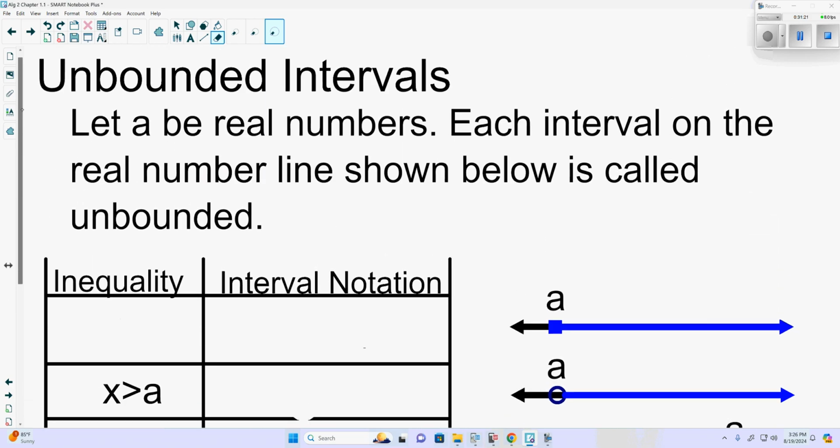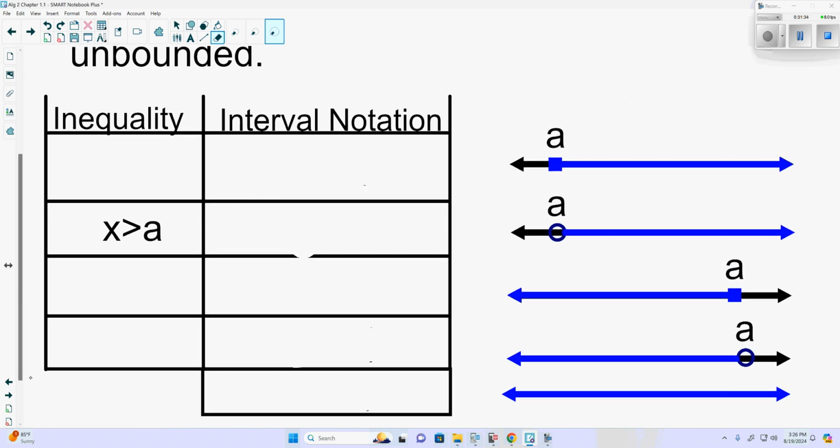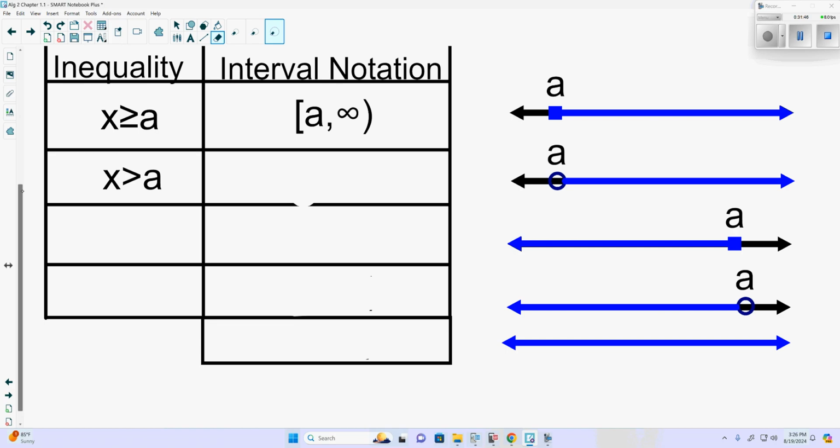The other type is unbounded intervals. Let A be a real number, and each interval on the real number line shown below is unbounded. So we just have one endpoint, or no endpoint possibly, and it continues on in one direction infinitely. So X is greater than or equal to A, so A is our first endpoint, and it goes to infinity.